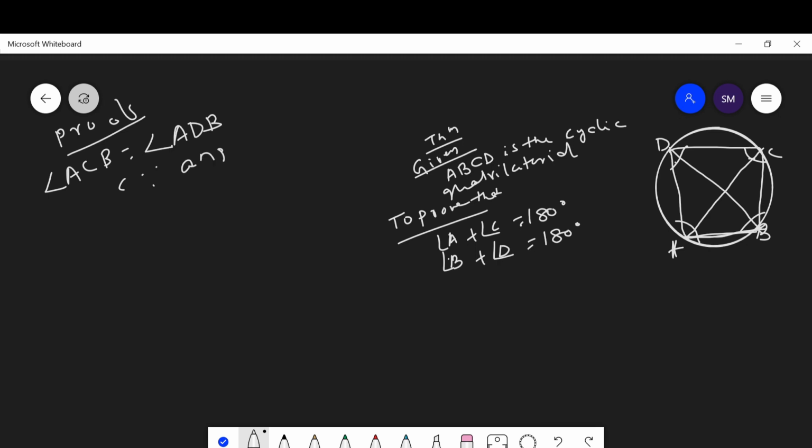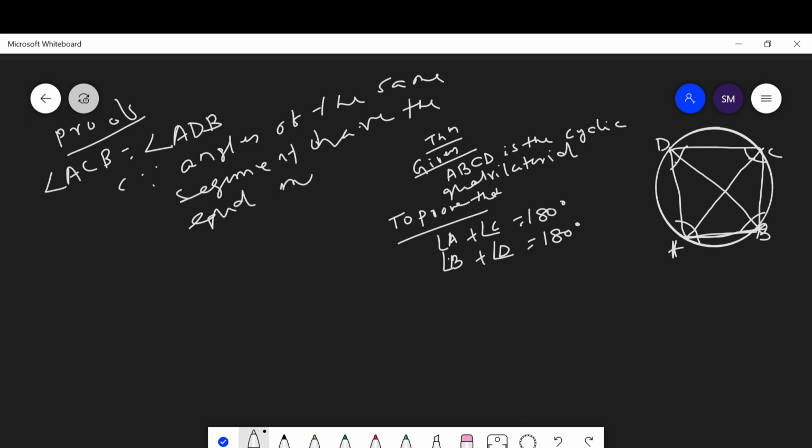Since angles of the same segment have equal measure. While writing a theorem, always mention the reason behind this. This is why ACB is equal to ADB.